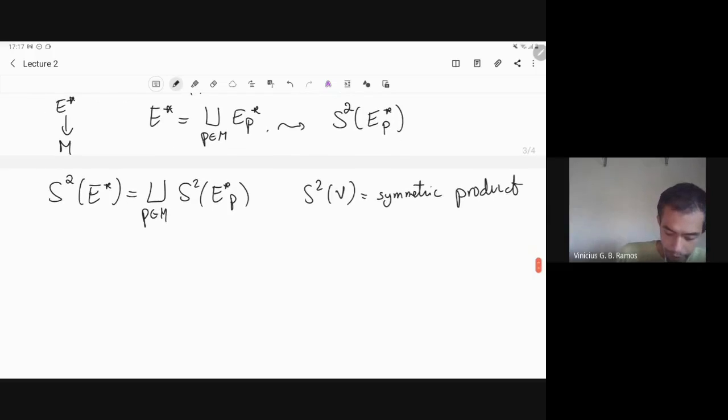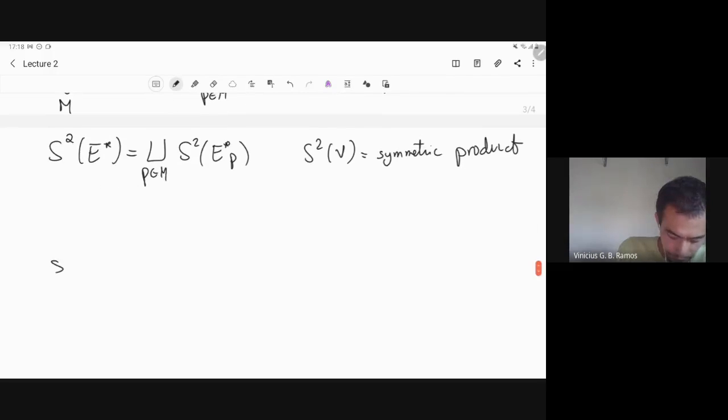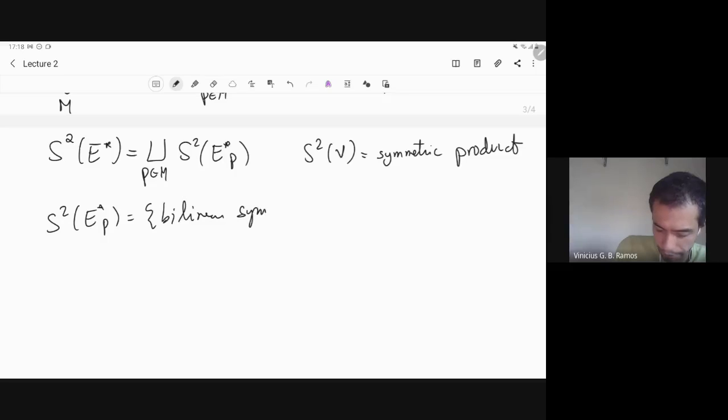So what does that mean? That means it's the set of bilinear forms. So S2 of E star p is the set of bilinear symmetric two forms on E_p star.